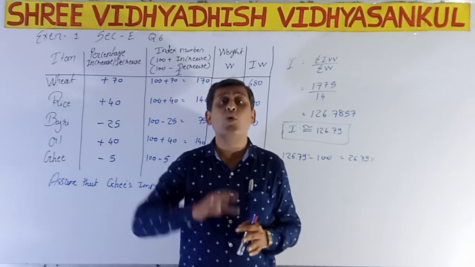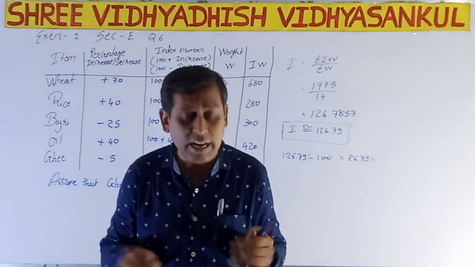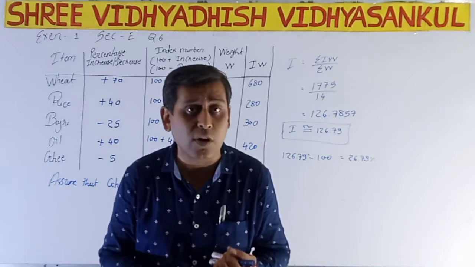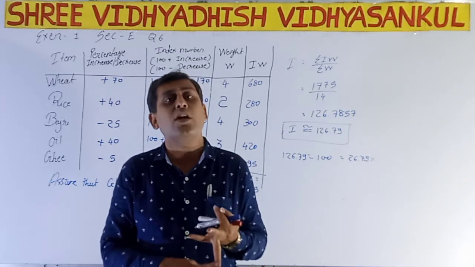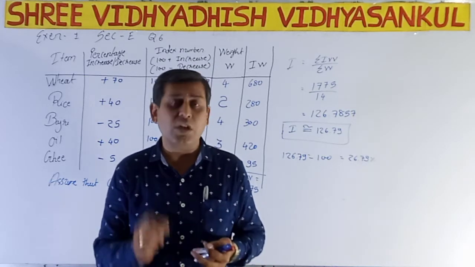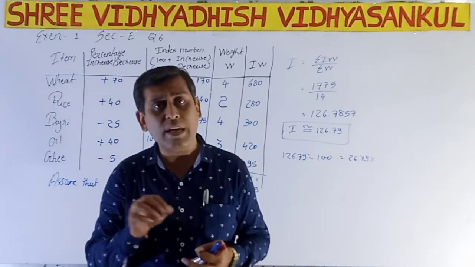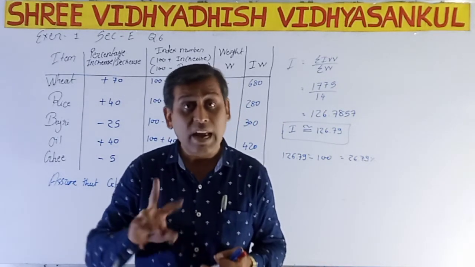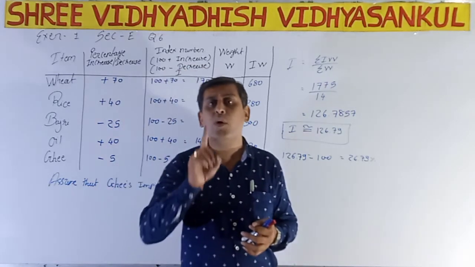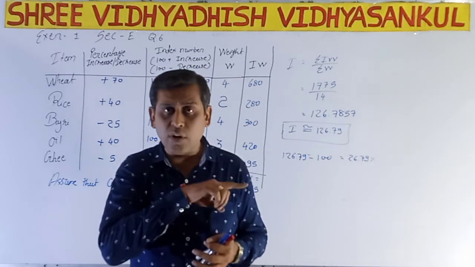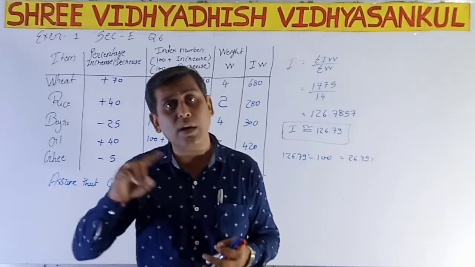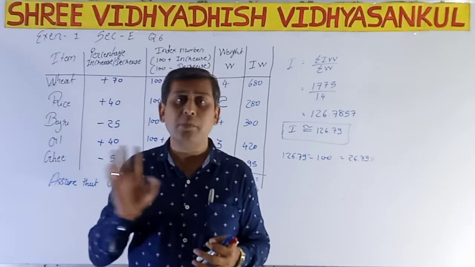That is, we don't have to convert all of them: price of base year, price of current year, quantity of base year as well as quantity of current year. We just have to convert only one, only price of current year or base year, or only quantity of current year or base year.